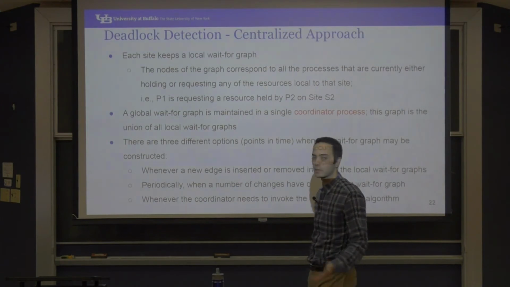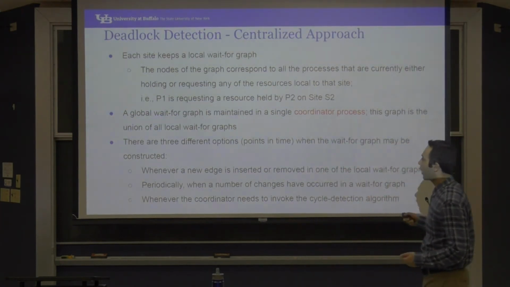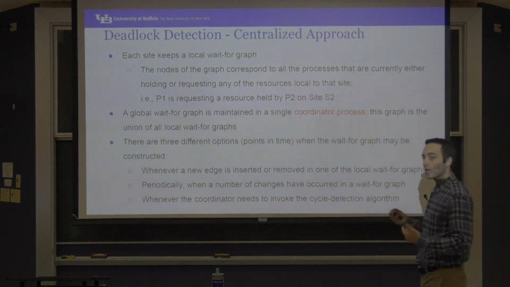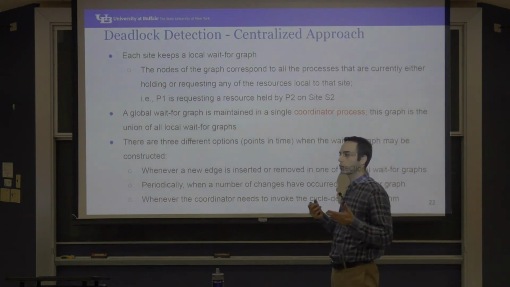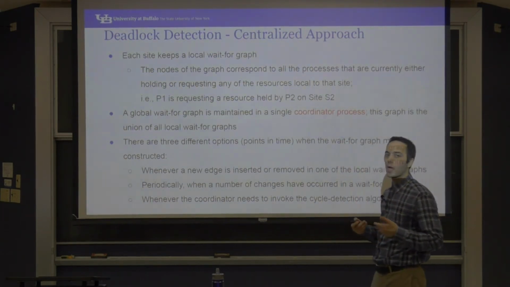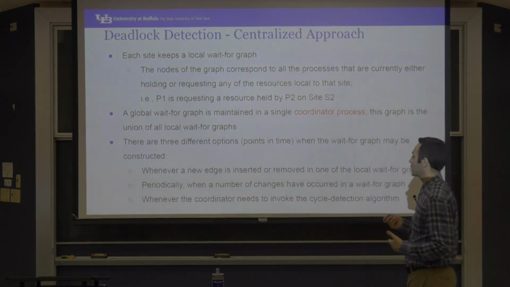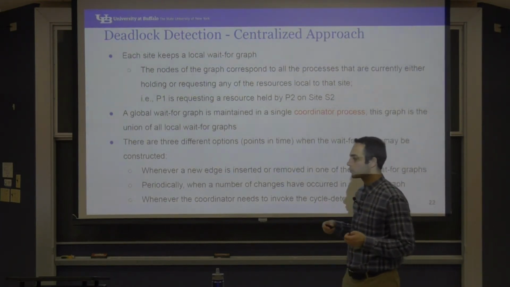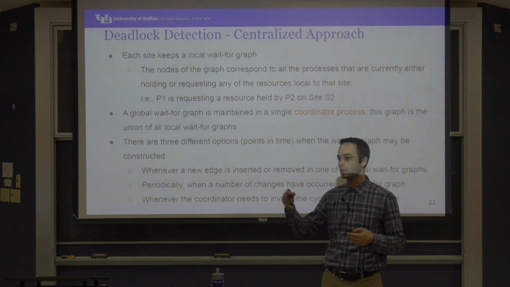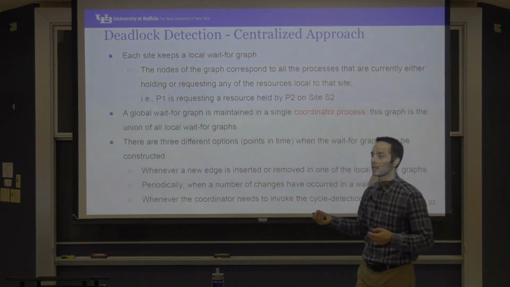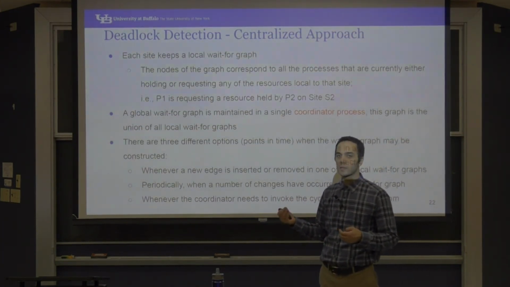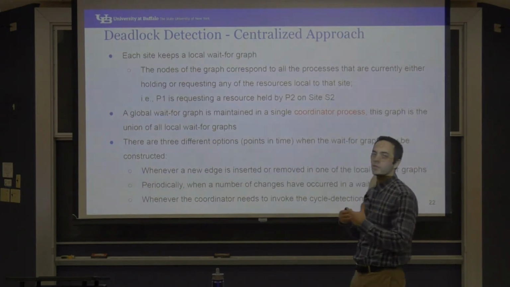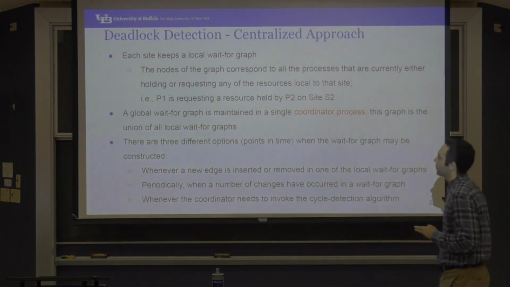Again, after some time, this is my status at this point. Or, in the other case, if the coordinator itself every now and then wants to start a detection algorithm, it can invoke it, and ask everyone to send their most recent status or information, and then it gathers the information and runs the algorithm, right?